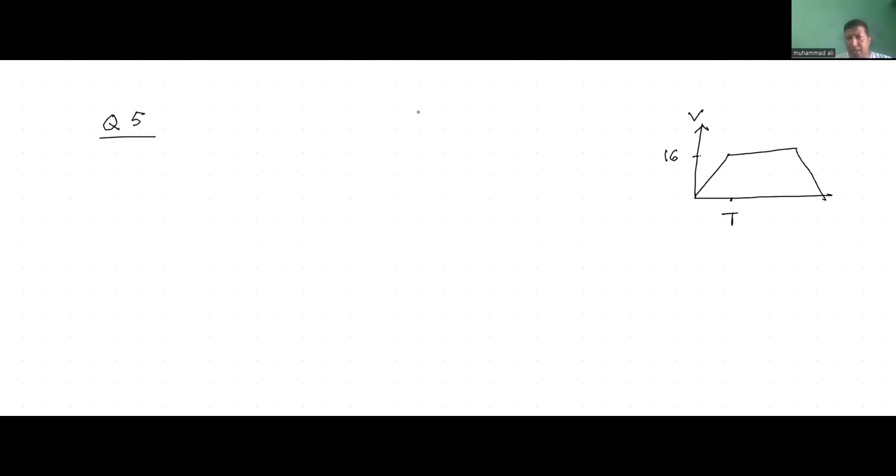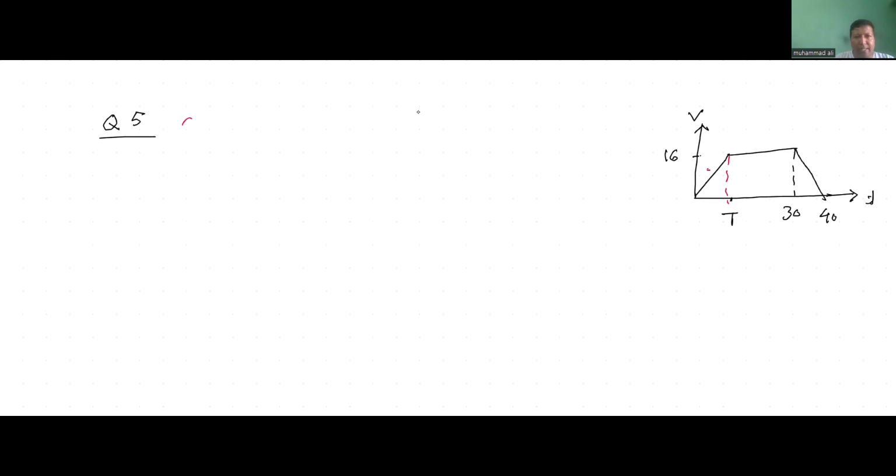From here to here, this is 30, this is 40, this is t. So at first we will find the t, if the initial acceleration is 2 meters per second squared. Initial acceleration is over there, a.